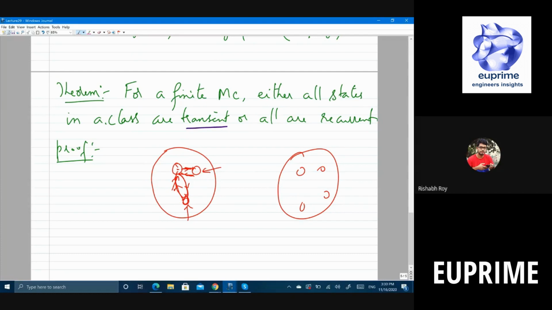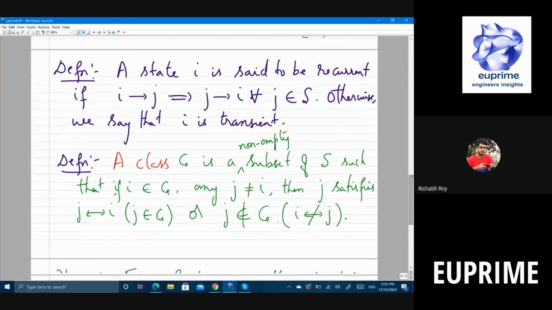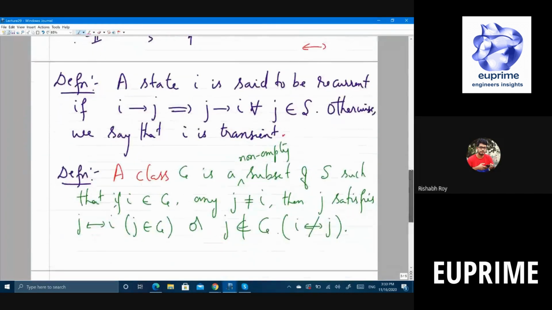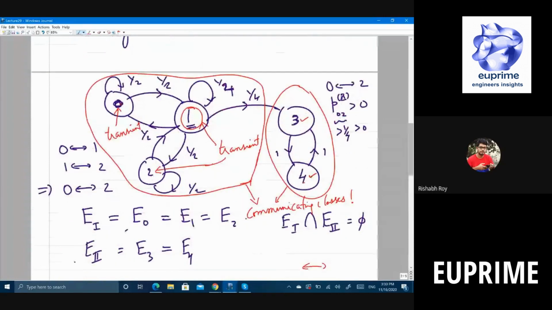I am saying, like the left class that you have drawn, can there be a state within that class that is transient, but not recurrent? Because in the previous diagram, from 1 we can move to 3, but those were 2 different classes. Yes. So I am saying, can there be a state within the left class that is transient with respect to some other state within that class, but not recurrent?